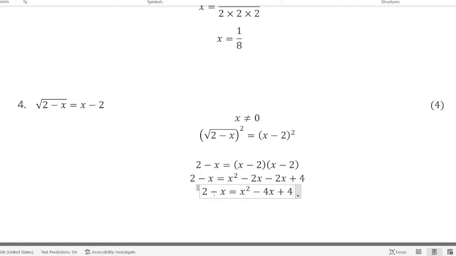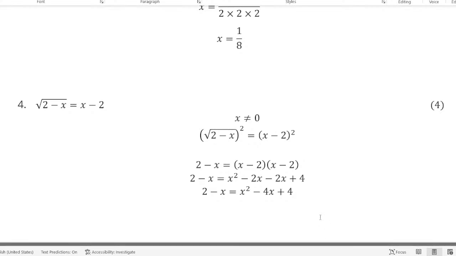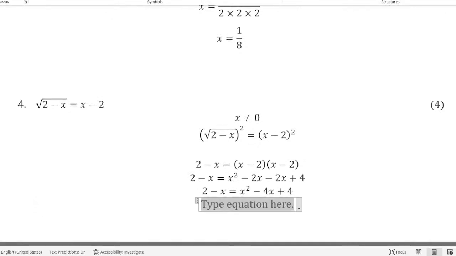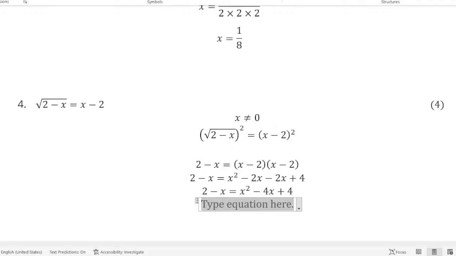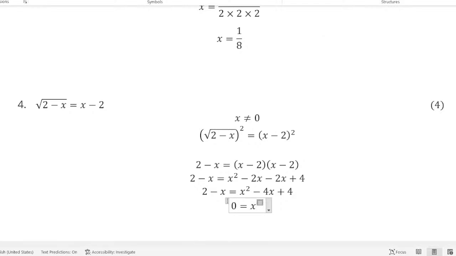So now we're going to take everything that is on the left hand side to the right hand side. Then we'll have 0. We're transposing everything on the left to the right hand side. So we'll have 0 is equal to x squared, minus 4x, plus 4.